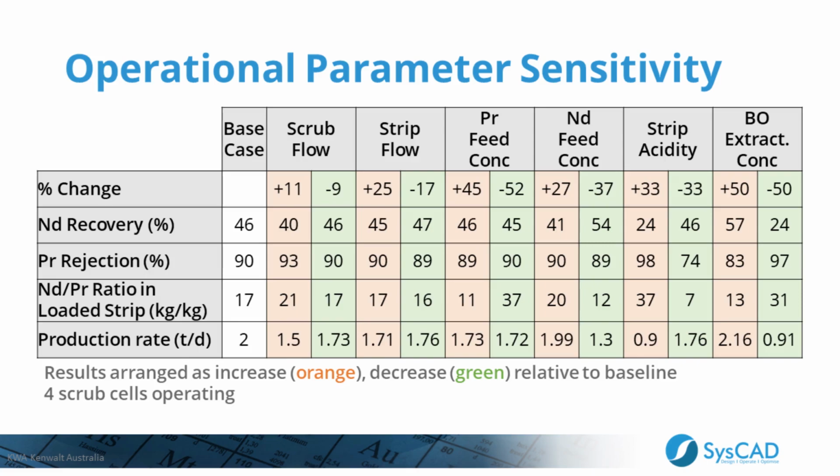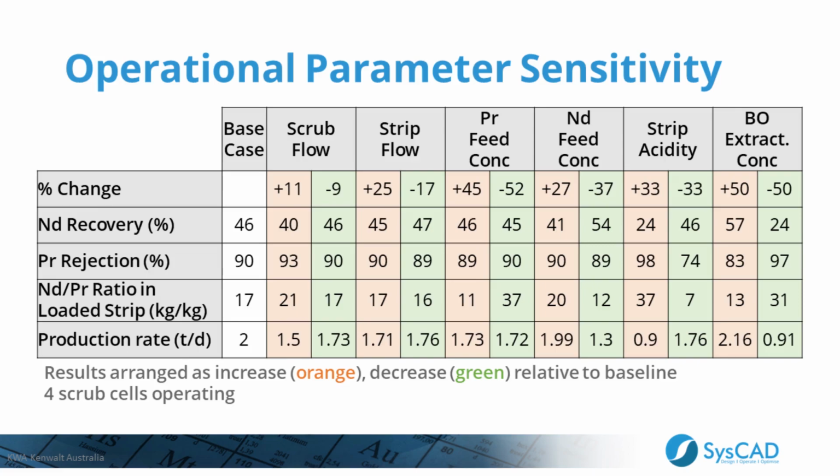And we'll see a little bit later that increasing the acidity of the scrub solution has a marked effect on the neodymium recovery and praseodymium rejection. The praseodymium and neodymium feed concentrations acted as you would expect. Increase in praseodymium basically affected the product quality, but it also actually slightly increased the neodymium recovery, likely due to ionic interaction effects.